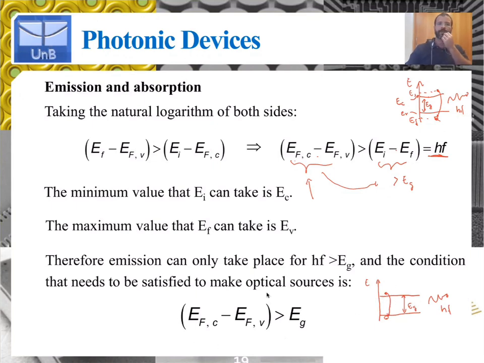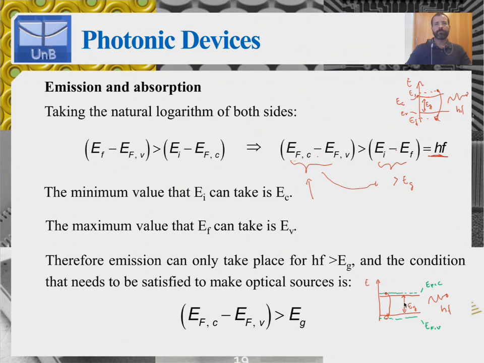But also, since we've derived this condition right here, what it's telling us is that the Fermi level in the conduction band, EFC, minus the Fermi level in the valence band, EFV, needs to be greater than the gap.